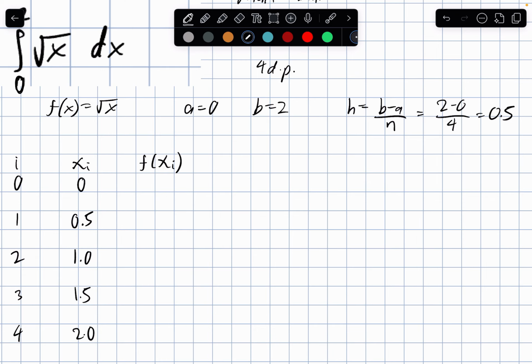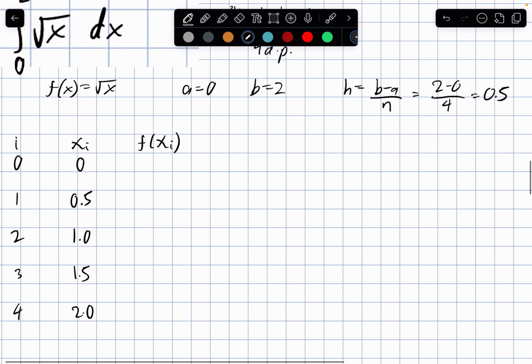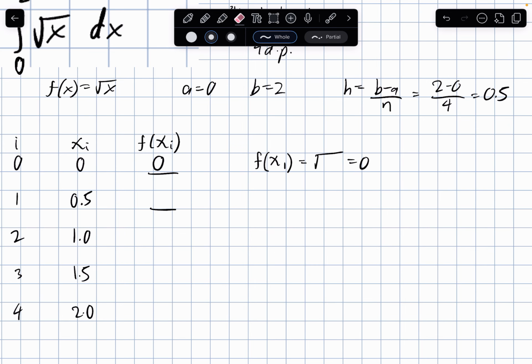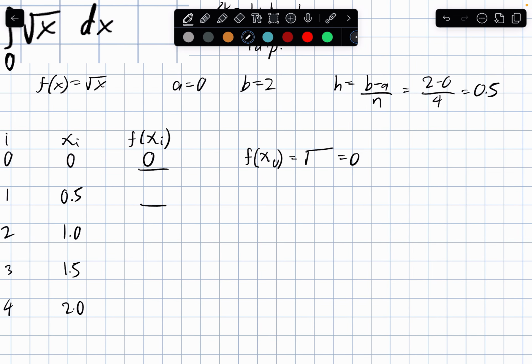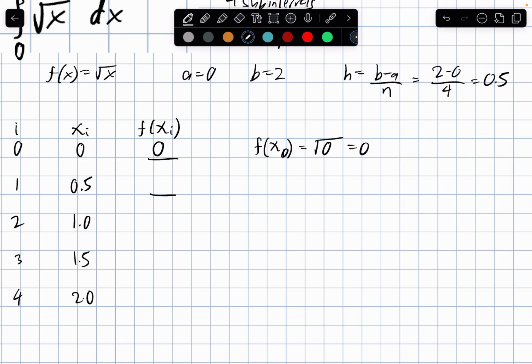Now, the trapezoidal method is actually simpler in the sense na we don't have to look for midpoint. For example, f of x sub 1, that's just a square root of 0. So 0 ito. How about for... sorry. My bad. This is supposed to be f of x sub 0, no? Kasi sub 0 yan.